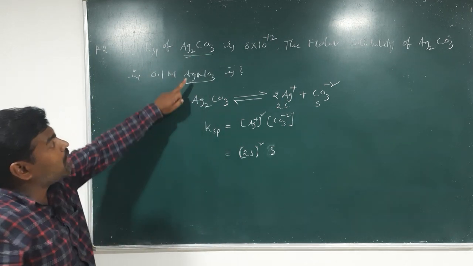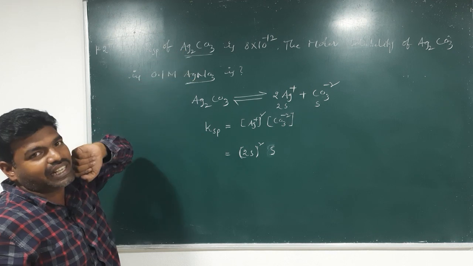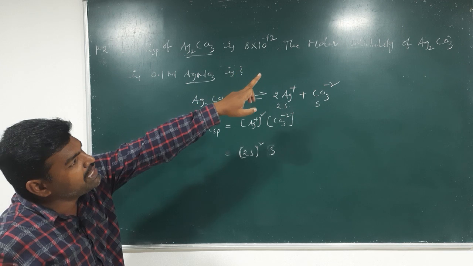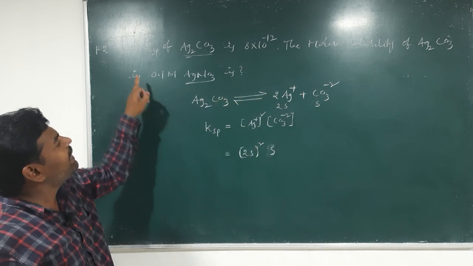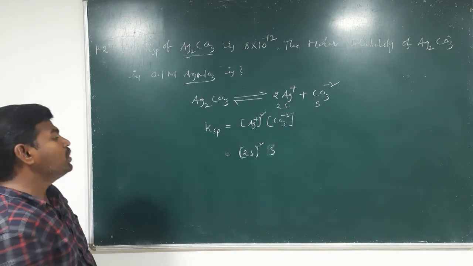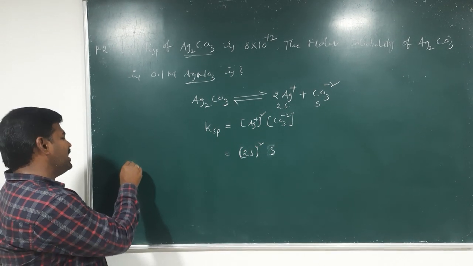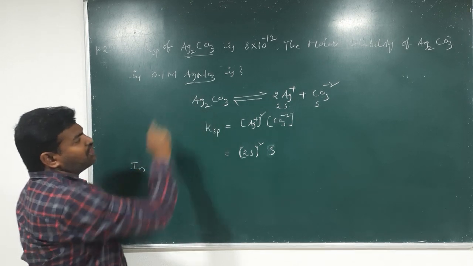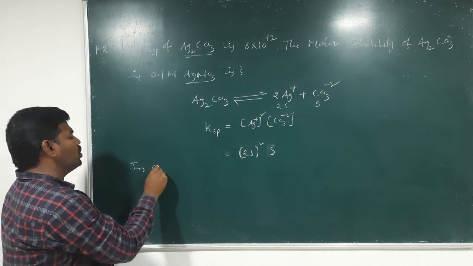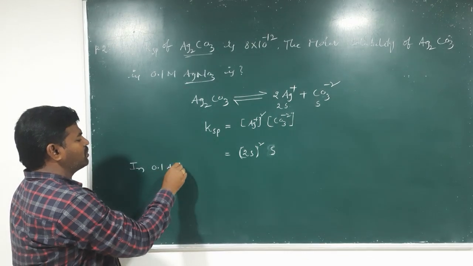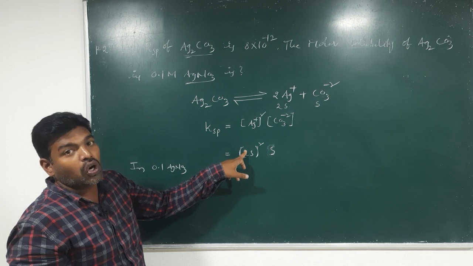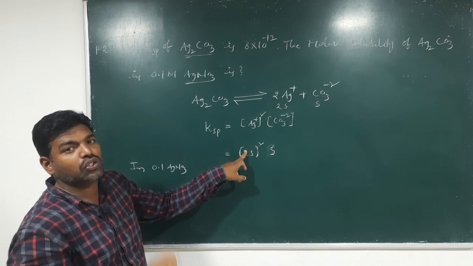So there is a common ion present here. They asked to calculate the molar solubility of Ag2CO3 in 0.1 molar AgNO3. So let us take the Ag2CO3 solution in AgNO3 solution. In 0.1 molar AgNO3 solution, in addition to these concentrations, the common ion concentration also adds.